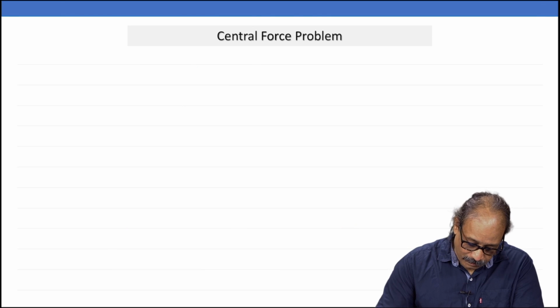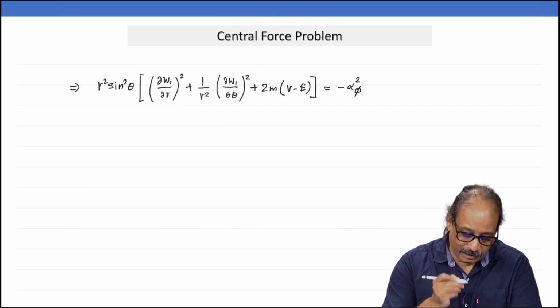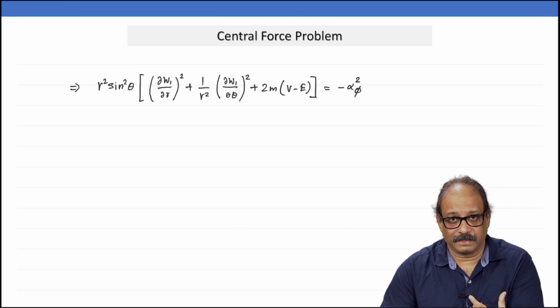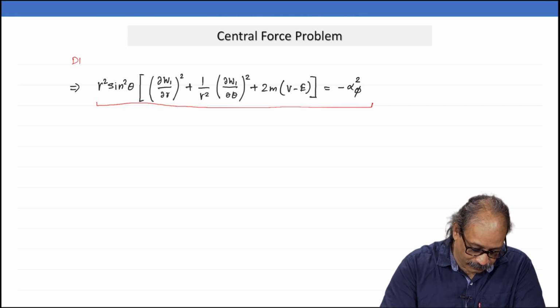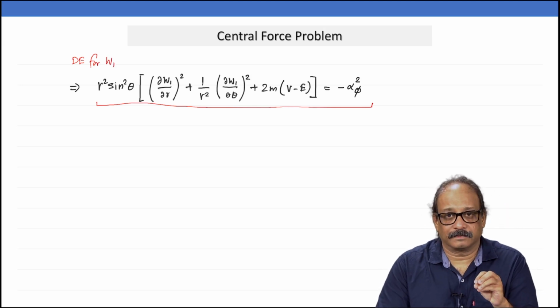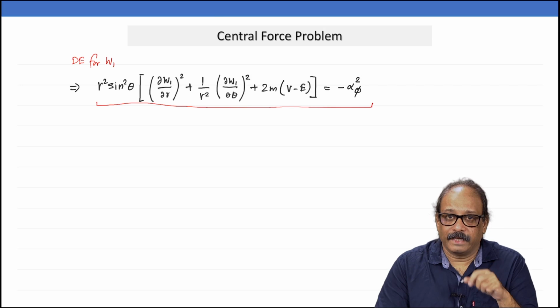See, now look at the left hand side of the HJ equation. So, now you have a differential equation in terms of W1. So, this is the differential equation for W1, and W1 is a function of r and theta. And now rearrange this too.